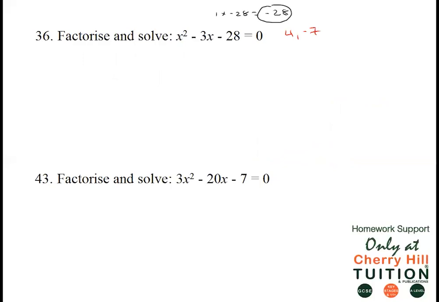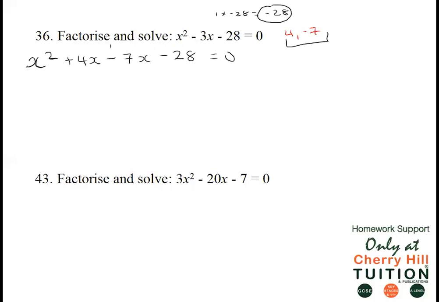Okay, now let's rewrite this using our pair here. Okay, so remember what I said before, we are not changing the value, we are not making any calculations, we are just changing the way it looks. So x squared plus 4x minus 7x minus 28 is equal to 0.